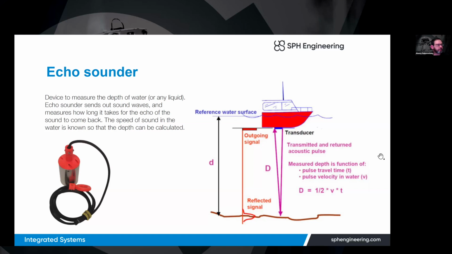As sound speed in the water is pretty well known, it is approximately 1500 meters per second, by measuring the time, we can recalculate the depth using that formula. Very simple.